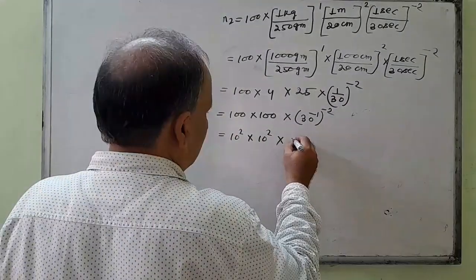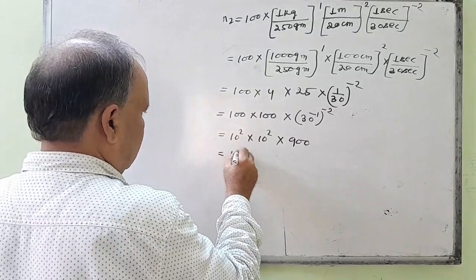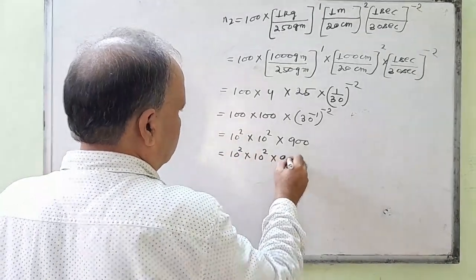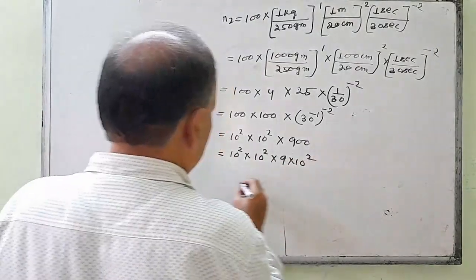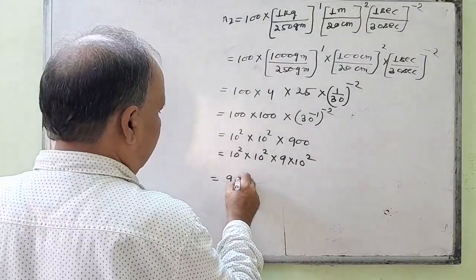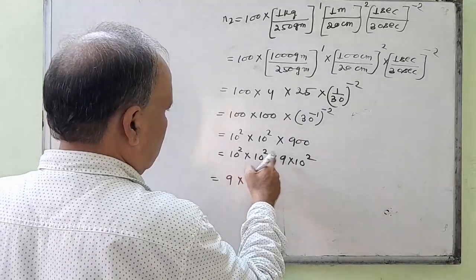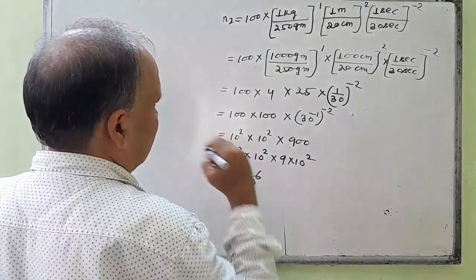Your 30 to the power 2 means what? 900. That is your 10 to the power 2 into 10 to the power 2, 9 into 10 to the power 2, that is 9 into 10 to the power 2 plus 2 plus 2. That is your 9 into 10 to the power 6 in the given system.